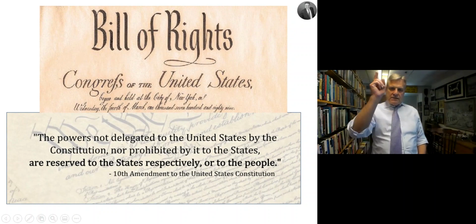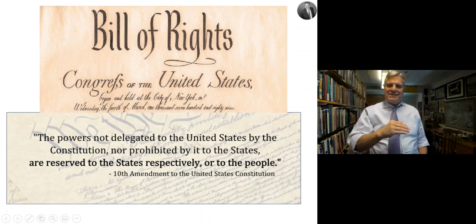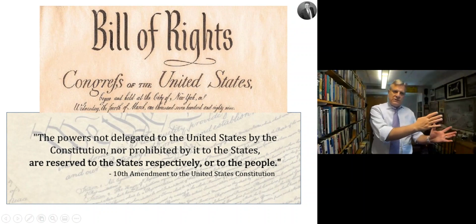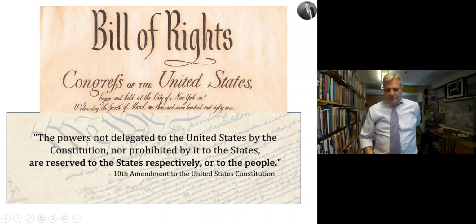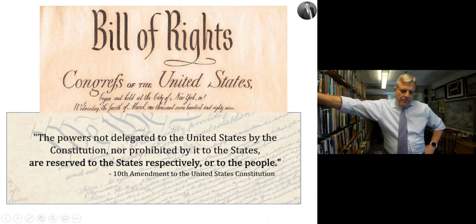Powers not delegated to the United States by the Constitution, nor prohibited by it to the states, are reserved to the states respectively or to the people. In other words, if we didn't tell you you can do something, and our states aren't prohibited from doing it, the states get to do it. It's a fairly unambiguous statement. Well, we'll see about that.